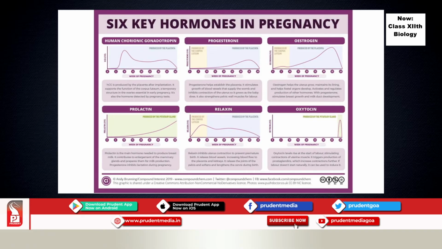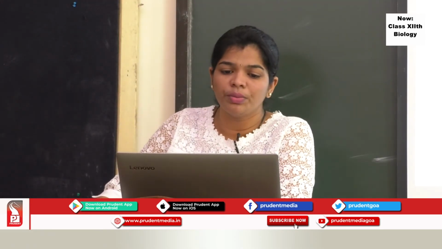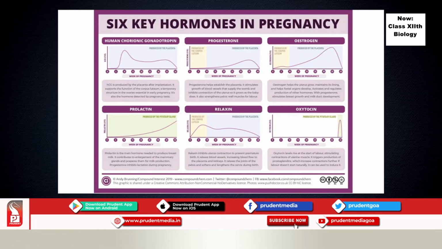If you can just have a look at the diagram or the graphical representation, the first one is the human chorionic gonadotrophin. This graph is showing its growth week-wise during pregnancy, from 0 till the 40th week. And what does hCG do?